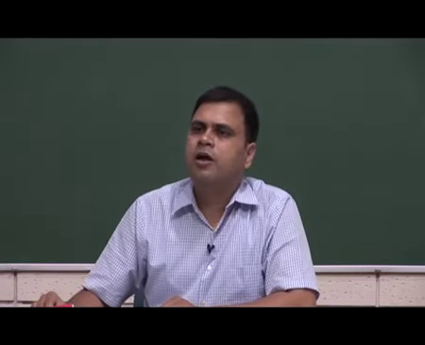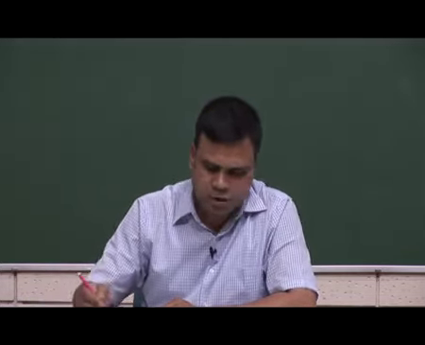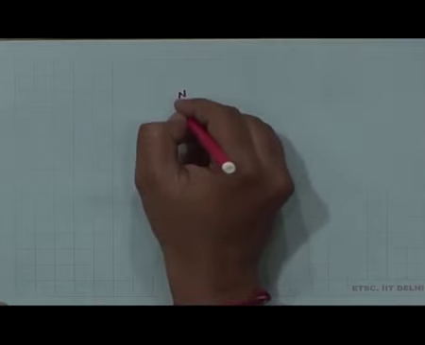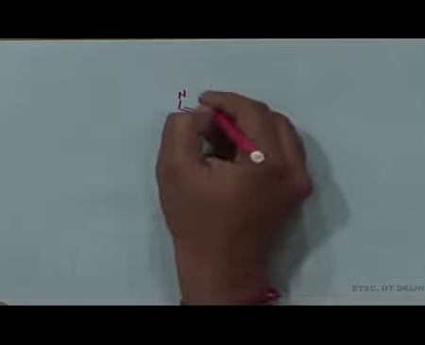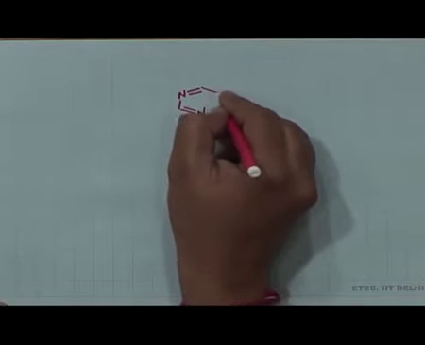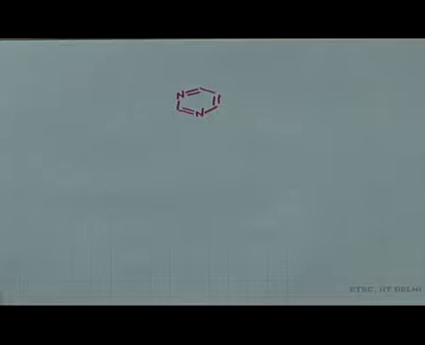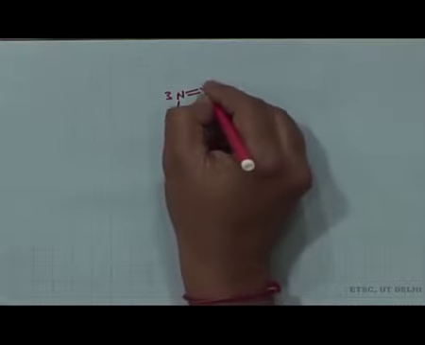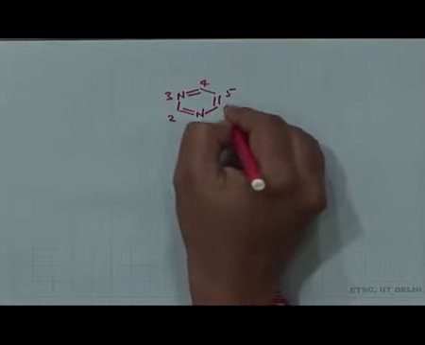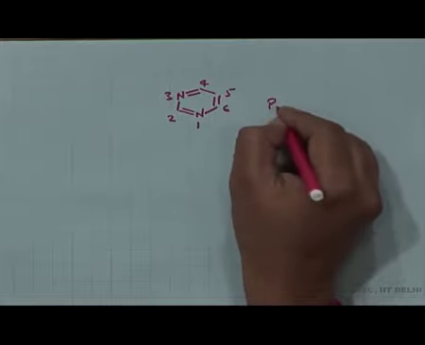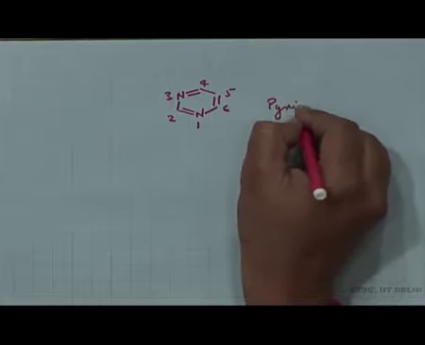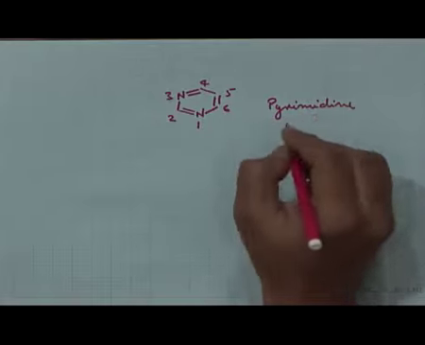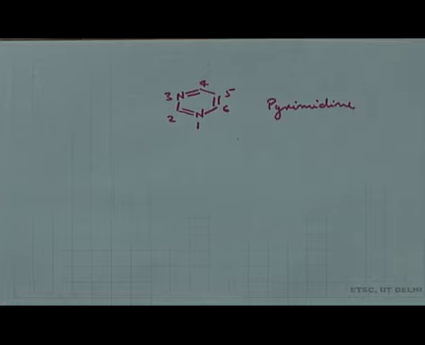So, let me write the structure of pyrimidine. Pyrimidine has a single 6 membered ring with 2 nitrogens. And again it can be numbered from 1, 2, 3, 4, 5 and 6. So, this is pyrimidine. DNA has 2 substituted pyrimidines, cytosine and thymine.